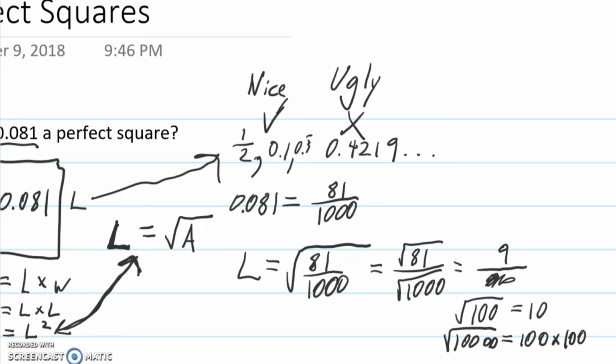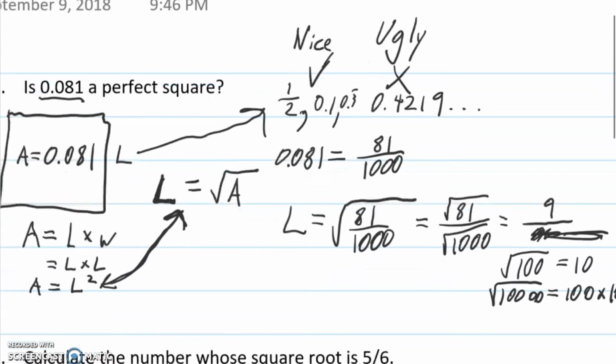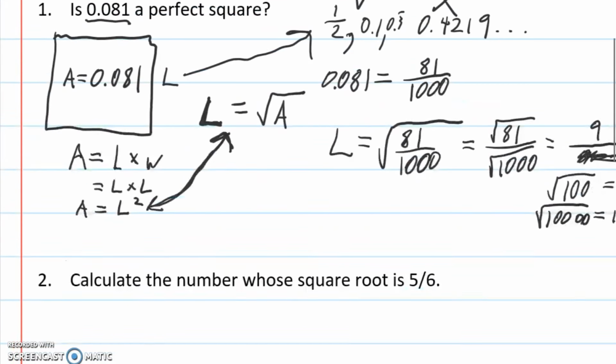We don't know what it is, but it's going to be some sort of repeating decimal down here, and it's not going to work. It's going to be an ugly number. Okay, so we kind of figured that one out.